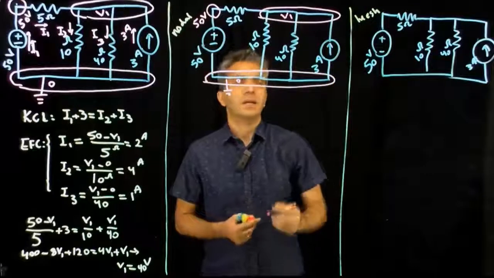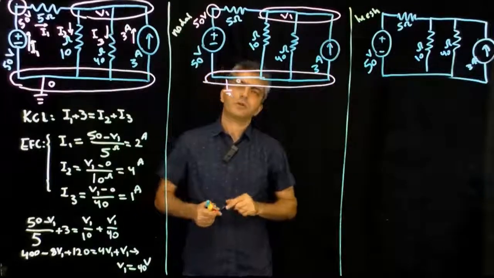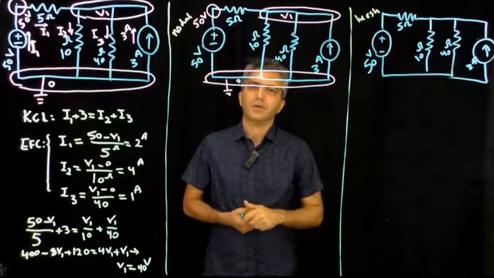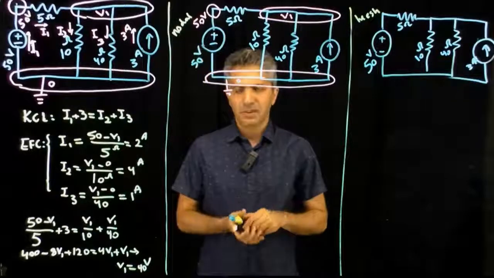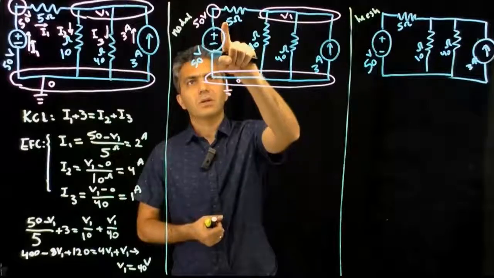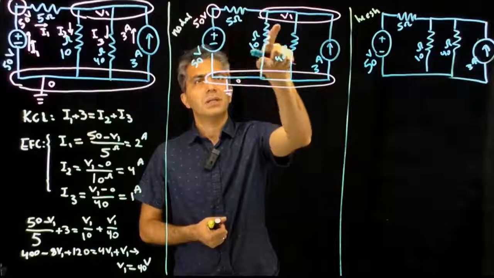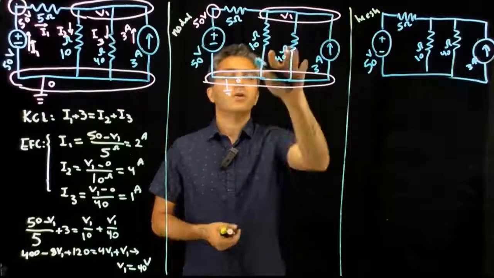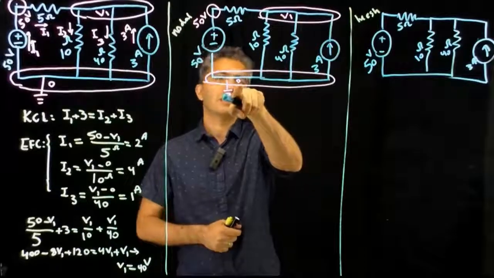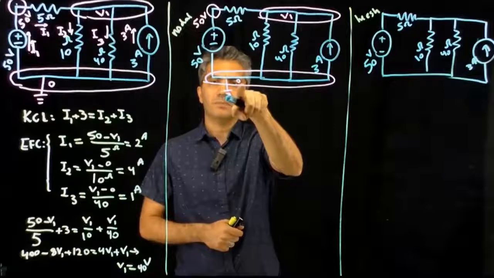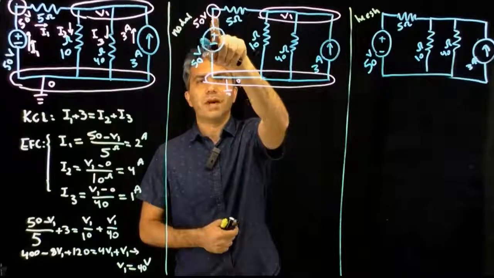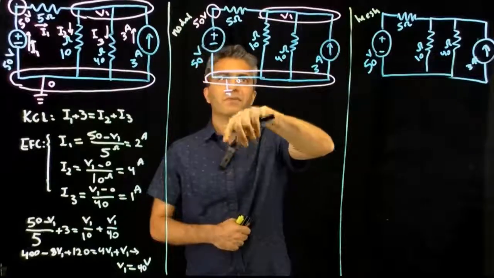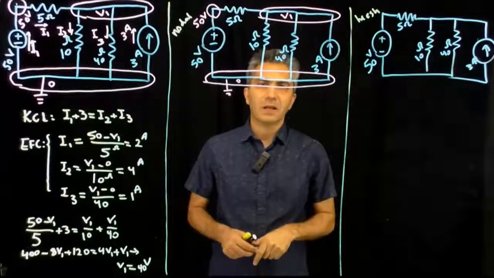Good. And then we're not going to label the currents for this specific technique. Instead, we're going to go to these nodes and look for any node that is unknown. This one has a known value, 0 volts. That one has a known voltage of 50 volts, and V1 is the only one with an unknown.